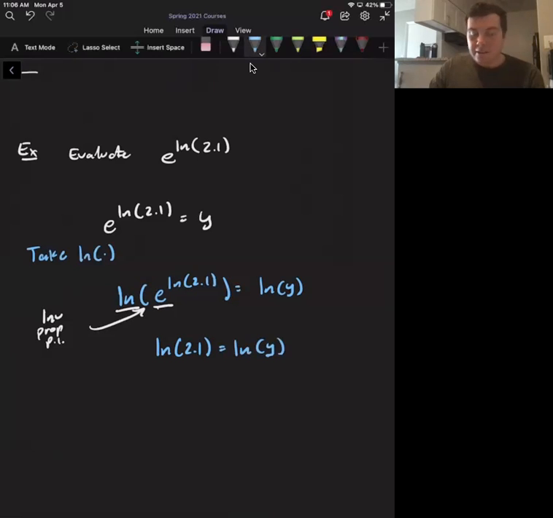And once again, we can kind of see that if these two are set equal to each other, then to make this equality happen, we would have to have that y is 2.1. And so there we have it. Now we've figured out that e to the ln of 2.1 is just 2.1.